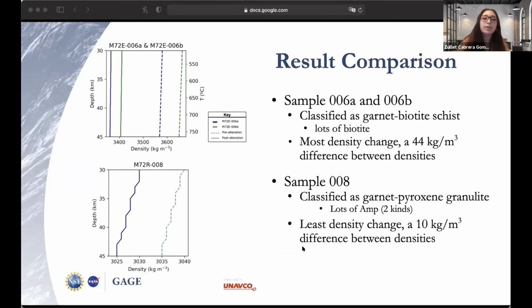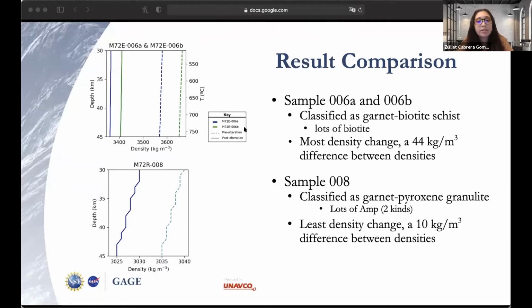Let's get a little deeper into this. One interesting finding that we observed is that 006A and 006B are samples from the same xenolith, a garnet biotite schist, but in this graph where they are plotted together, they exhibit different densities, which you can see here in the green line and the blue line. These samples show the most change in density with a 44 kilogram per cubic meter difference.